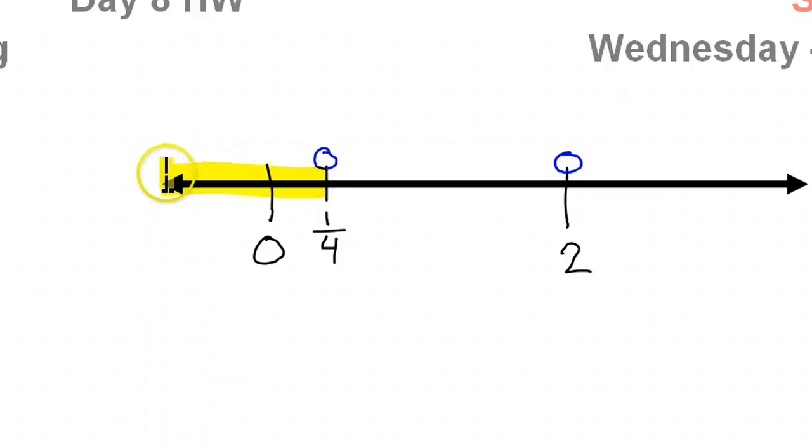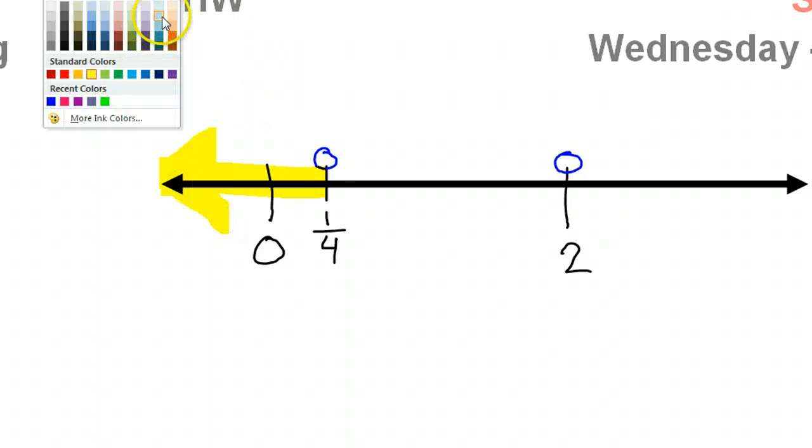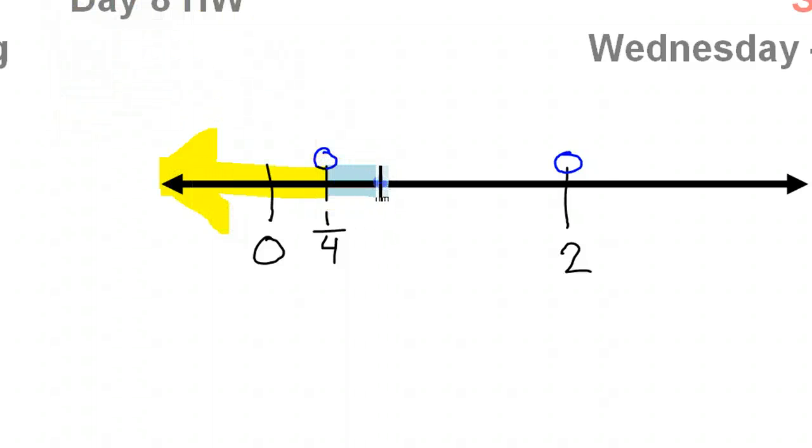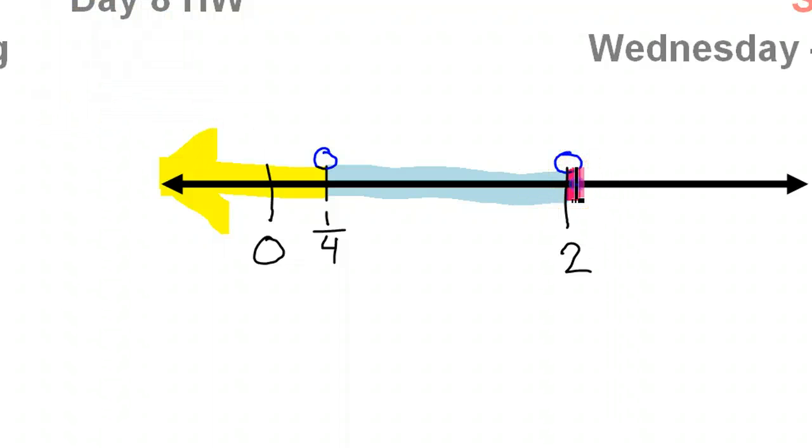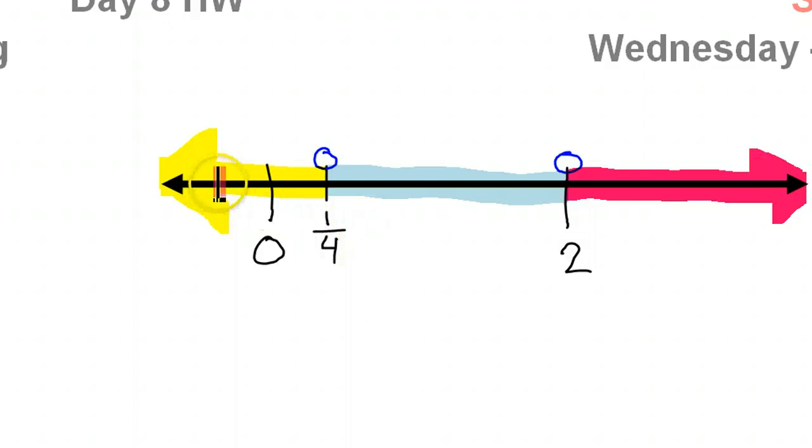We have this yellow zone, which goes forever, and we've got this blue zone that goes between 1/4 and 2, and we've got this pink zone. So we've got the yellow, the blue, and the pink, 3 zones.